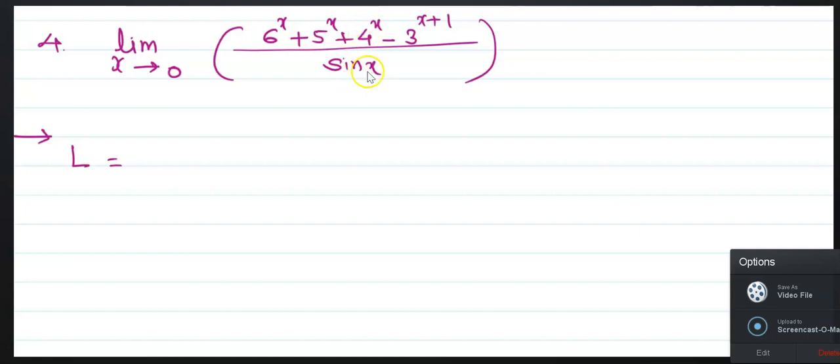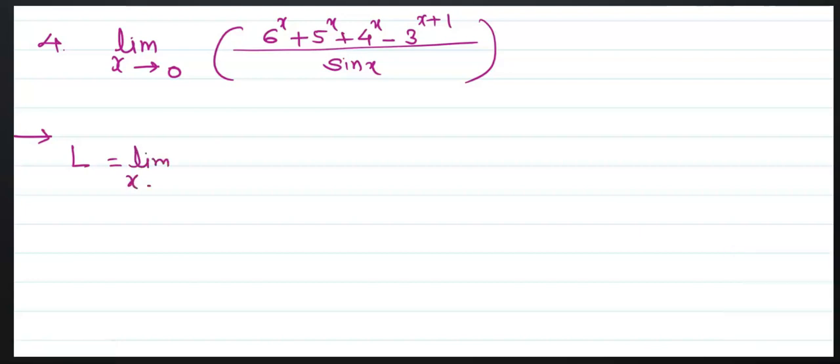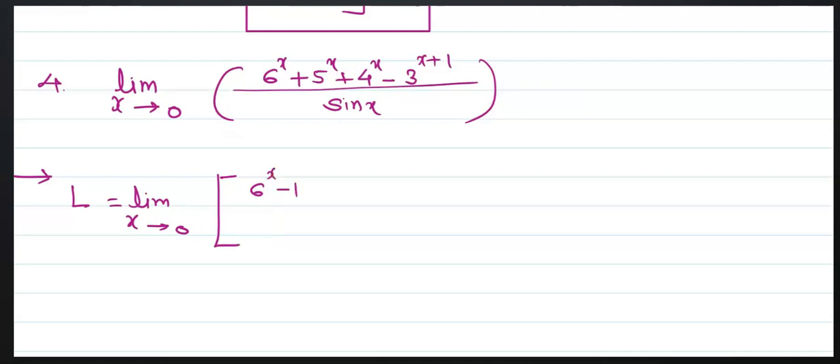Therefore, divide the numerator and the denominator by x. Then we will adjust for each term minus 1 and minus 1. Now how can we write this? See this here. Limit x tends to 0, 6^x − 1 plus 5^x − 1 plus 4^x − 1.